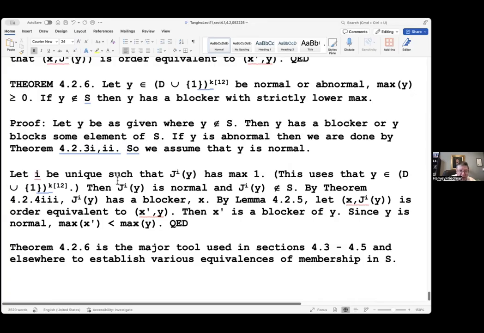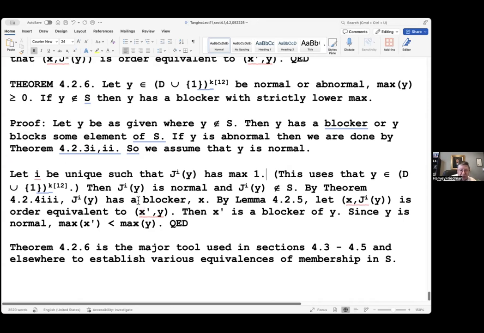So let I be unique such that jiy has max 1. Could be y, could be 0. We just take the largest term in y because remember it's in here. And y has a non-negative coordinate. Yeah.